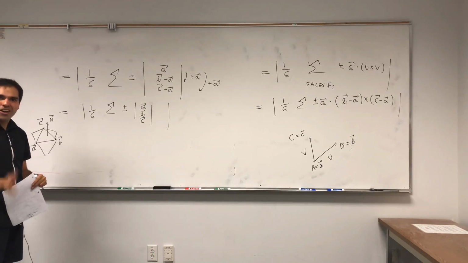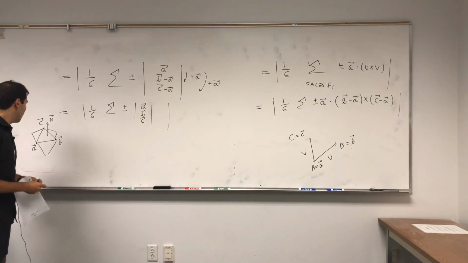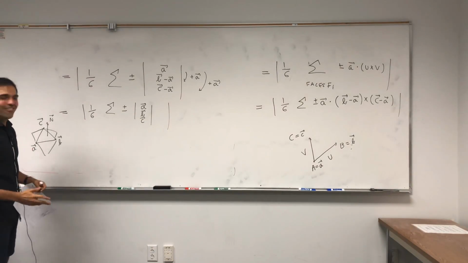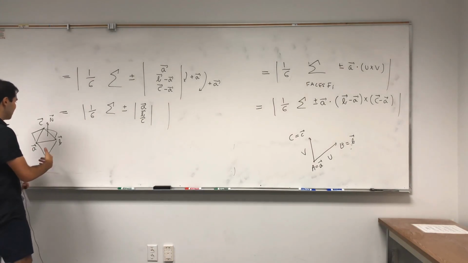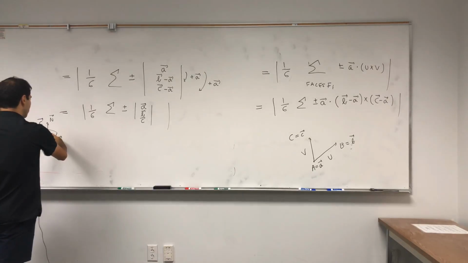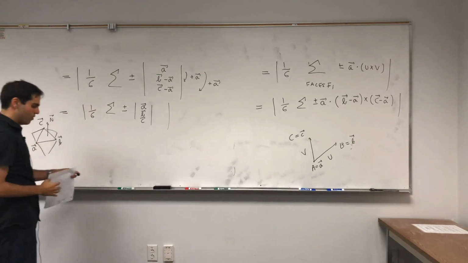And the question is, how do you determine that? Well, with what's called the right-hand rule. I hate it because I'm left-handed, but we have to use it. Namely, if you put your fingers along A, B, C, and your thumb points upwards, then the normal vector points outwards.